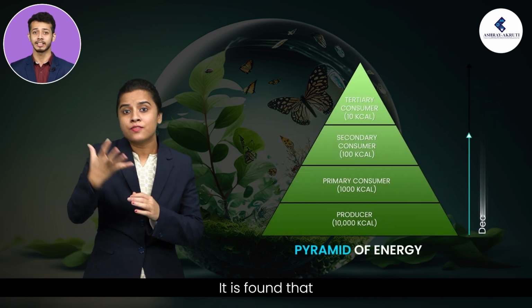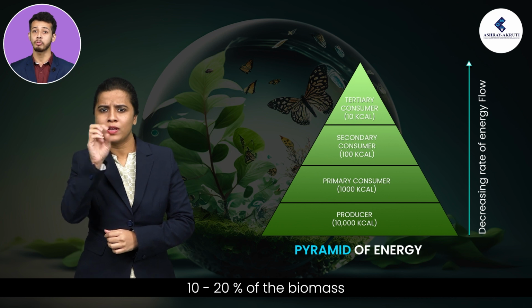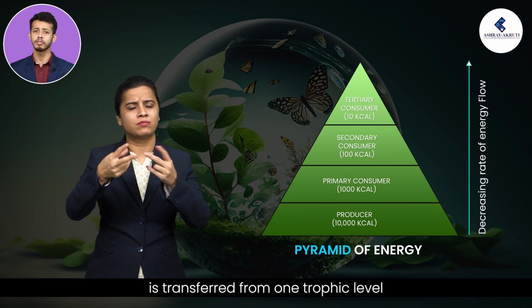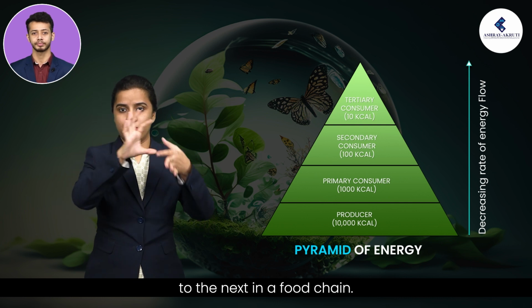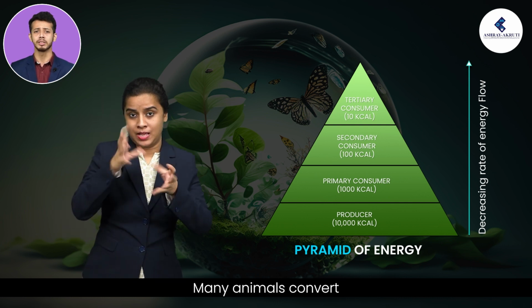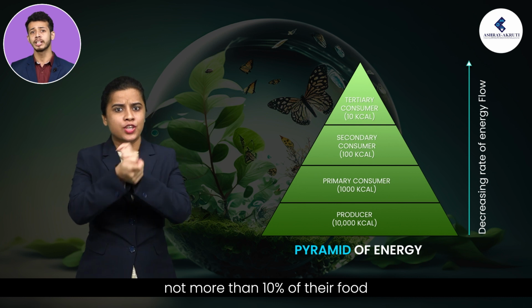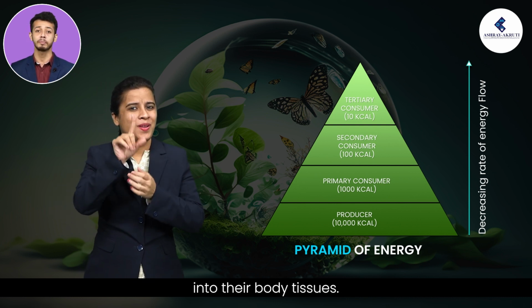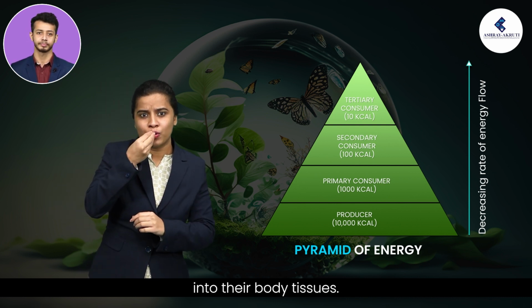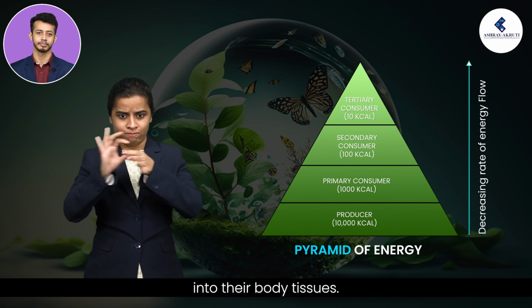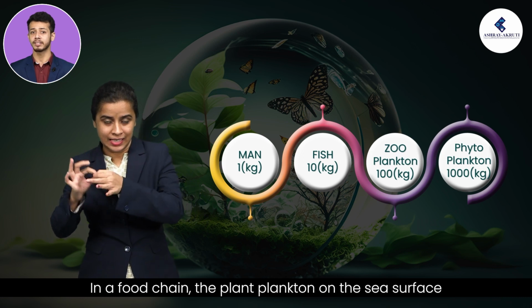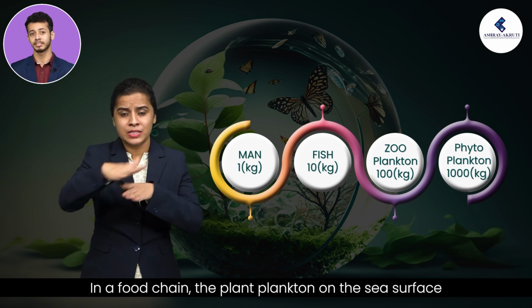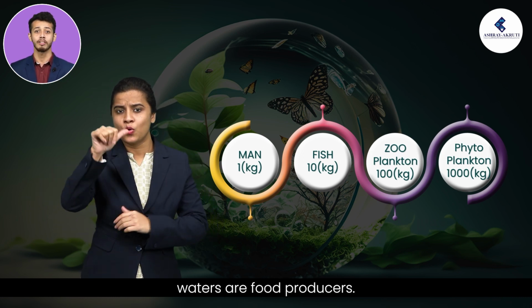It is found that 10 to 20% of the biomass is transferred from one trophic level to the next in a food chain. Many animals convert not more than 10% of their food into their body tissues. In a food chain, the plant plankton on the sea surface waters are food producers.